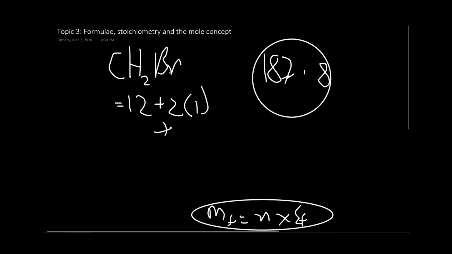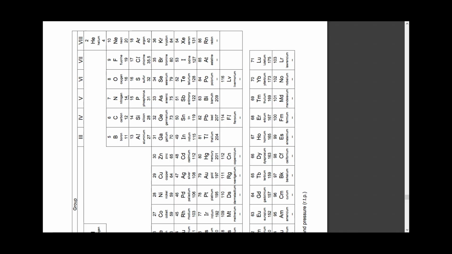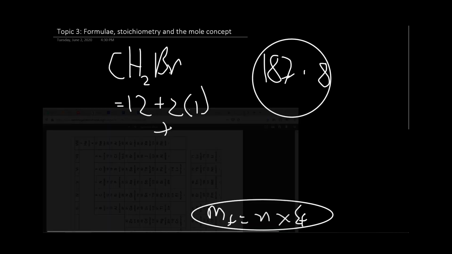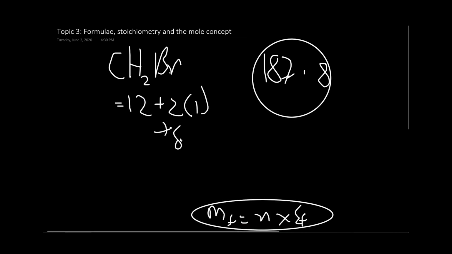Bromine is 80. So adding all that up, you'll have 94.